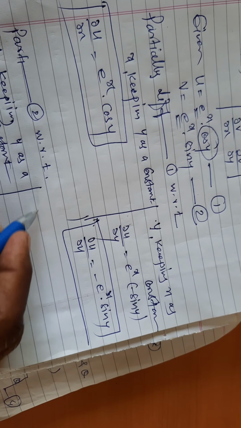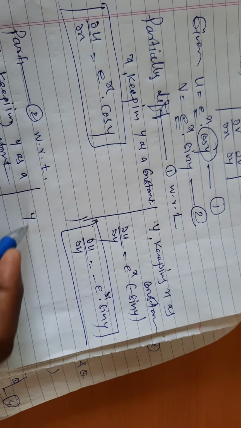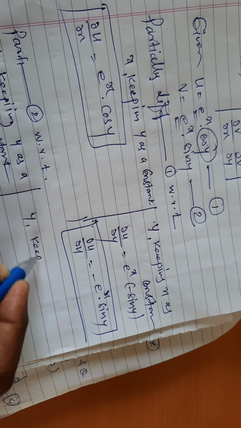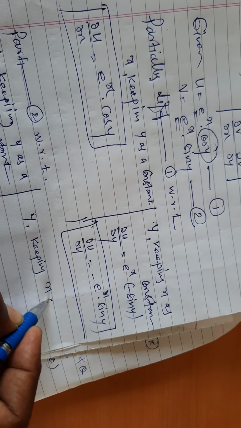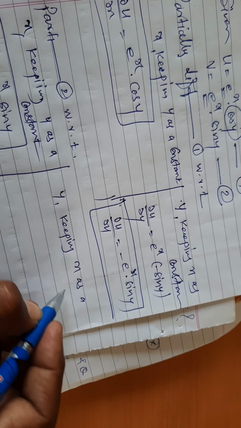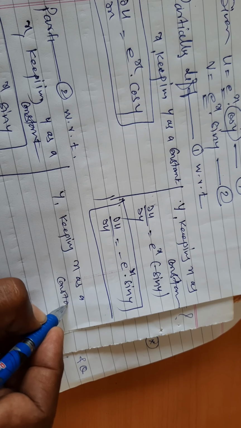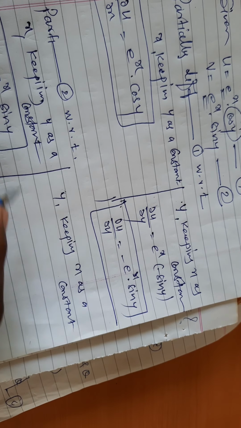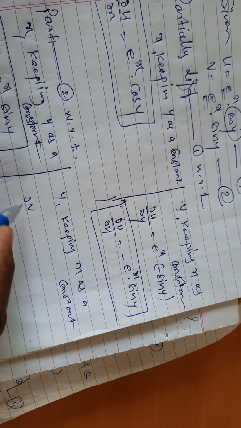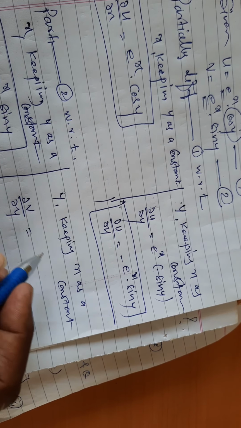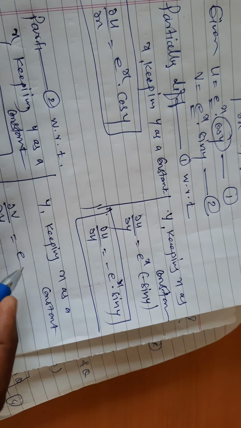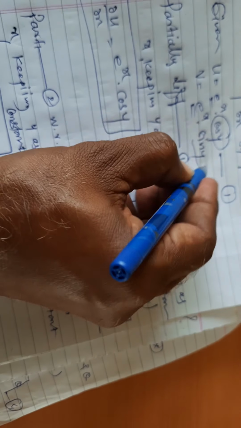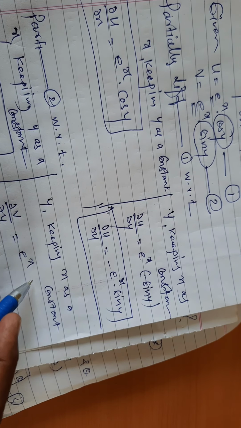And in the next with respect to y, keeping x as a constant, we get partial v by partial y: e raised to x is as it is, derivative of sin y is cos y.